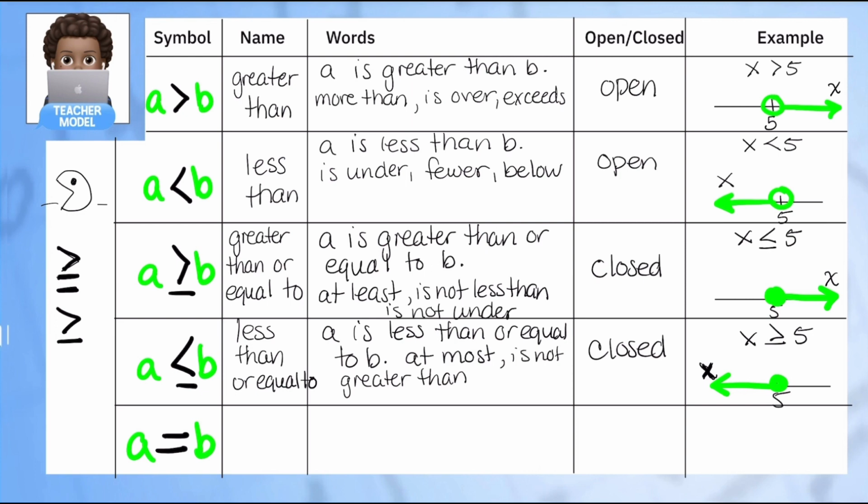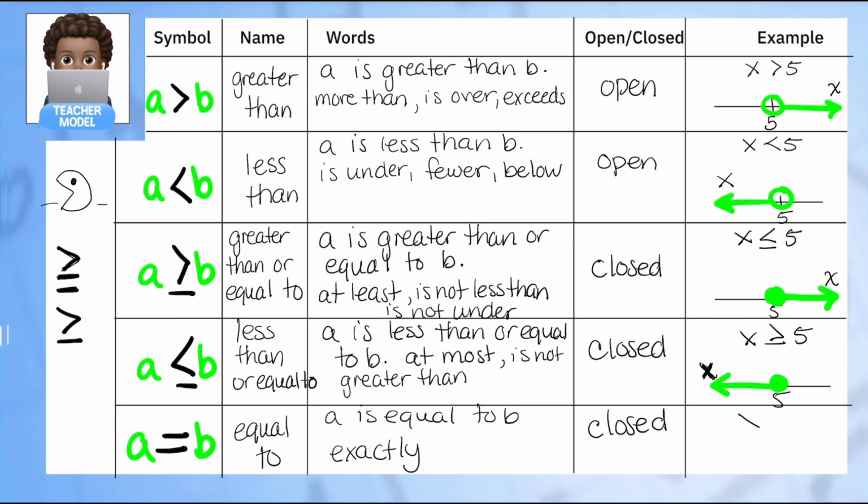All right, and the last one we just have is equal to. That one kind of only goes for actually equations. And we know that it just says A is equal to B. So exactly B. And this would also be a closed circle.